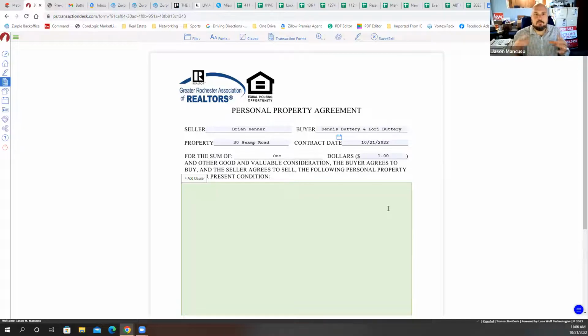This way, the bank is financing the home and not a bunch of other stuff in it. So refrigerator, stove, oven, dishwasher, microwave, washing machine.